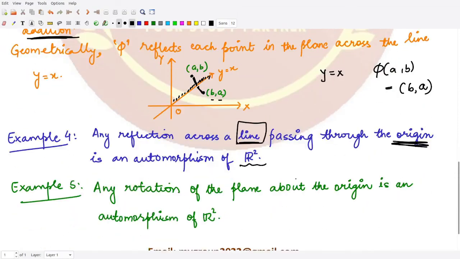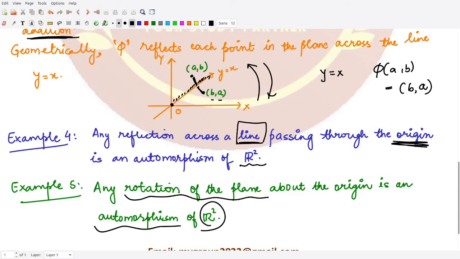Again, we have another example: any rotation of the plane about the origin, if we rotate the whole plane anticlockwise or clockwise keeping the origin fixed, would again give an automorphism of the plane onto itself.